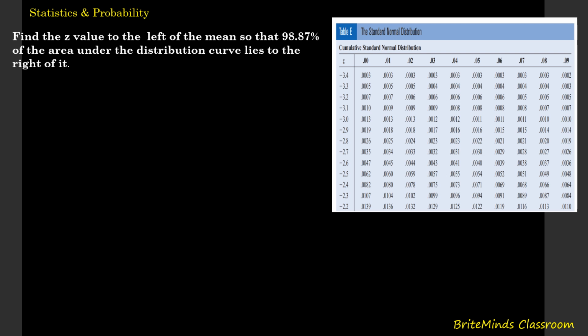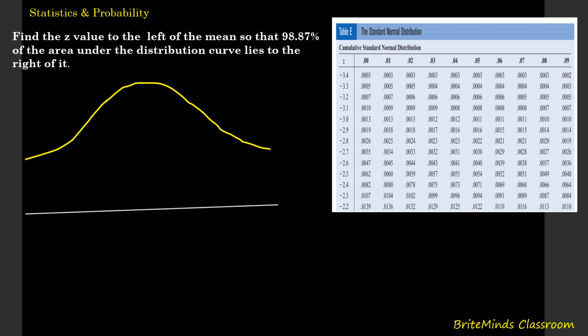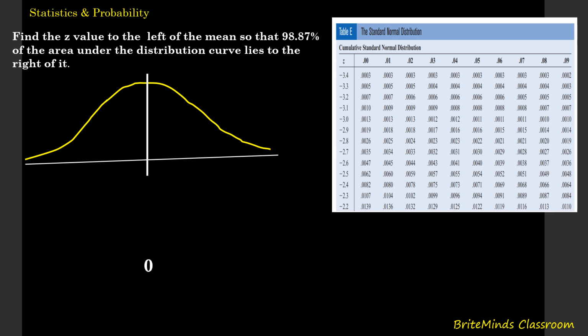The next thing is to sketch our distribution curve. So this is our distribution curve, and our mean, and our z value is located to the left of the mean. This is our unknown z, located to the left of the mean so that 98.87% of the area under the distribution curve lies to the right of it.